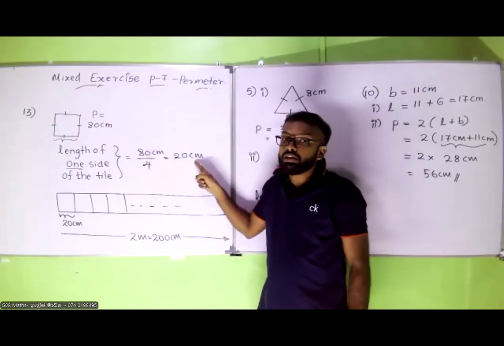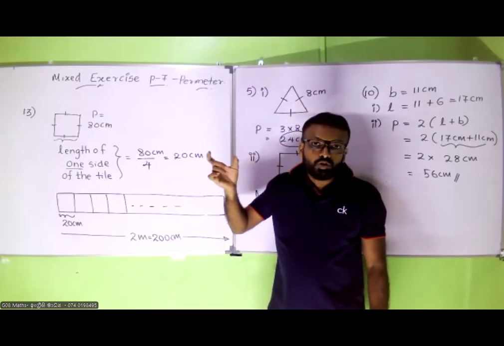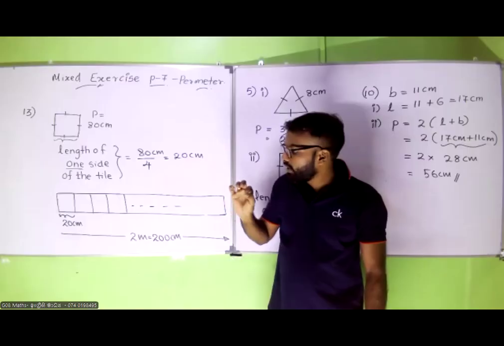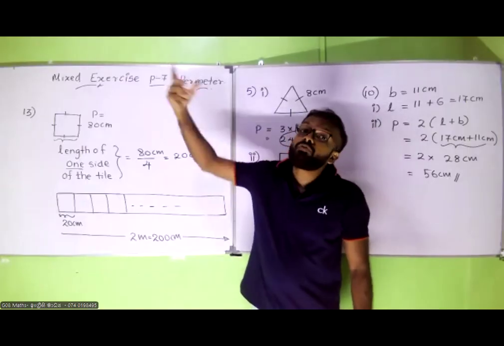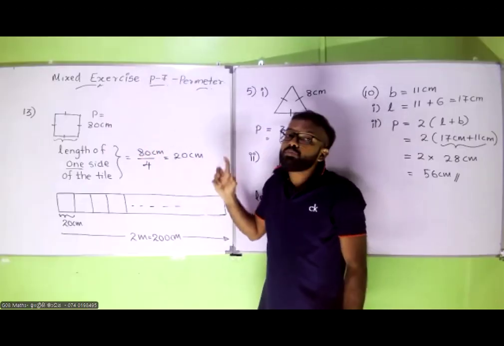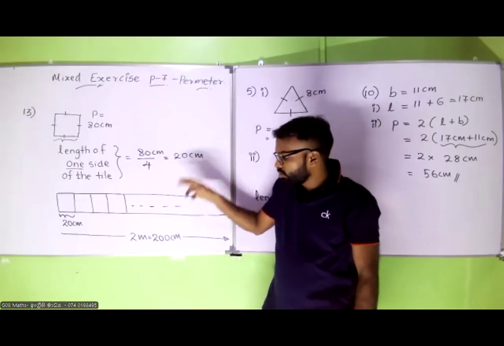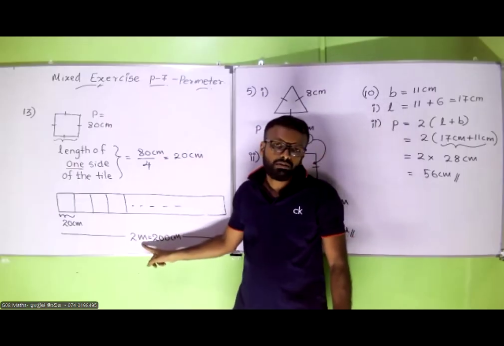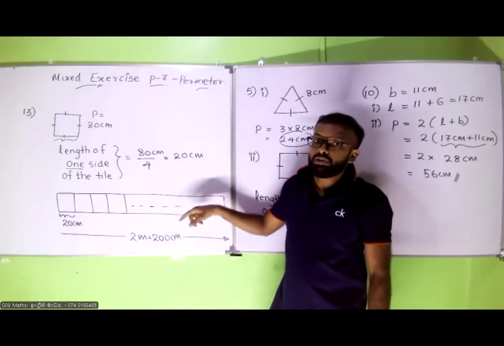So the unit here is centimeters, and the unit should be the same when you are finding the number of tiles. So you cannot have 2 meters here; you have to convert it into 200 centimeters.